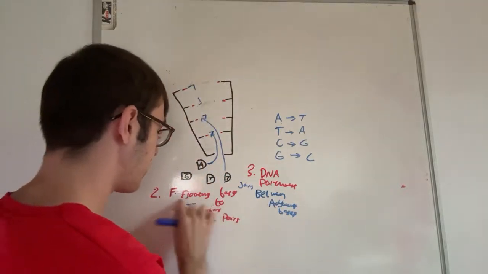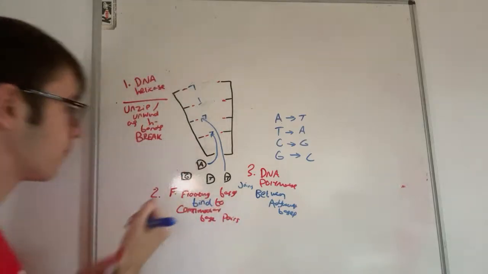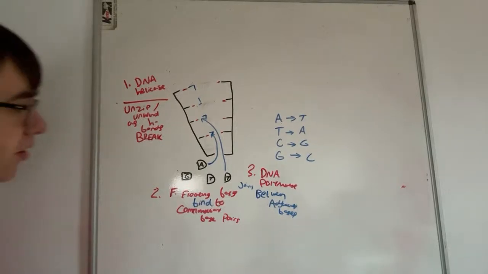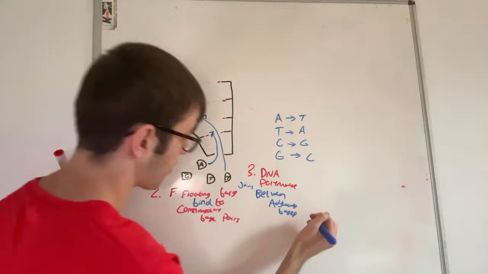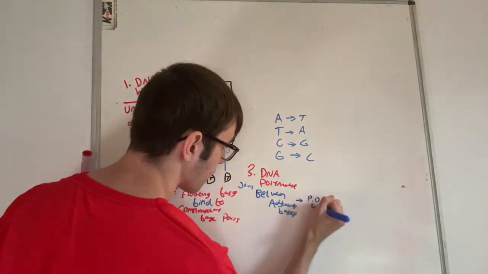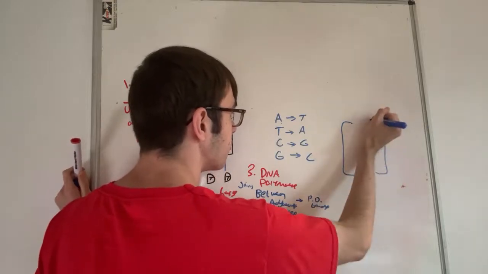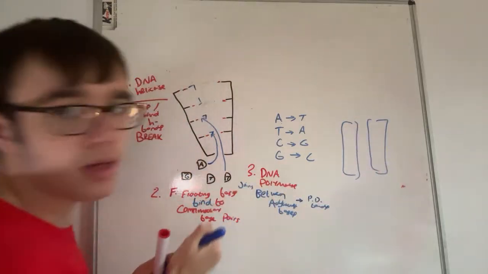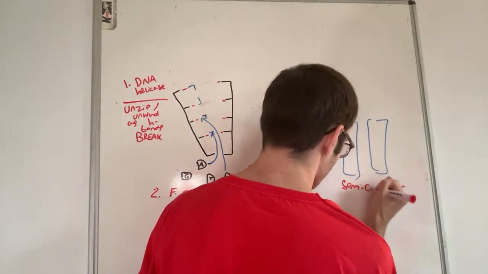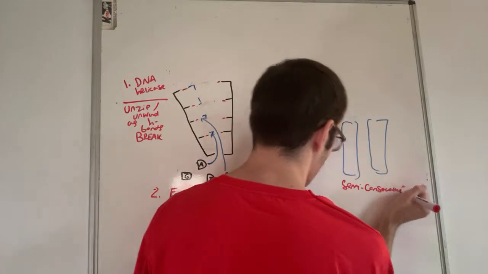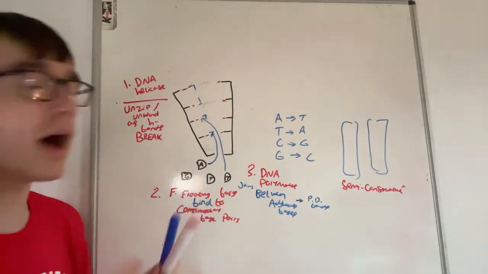Free-floating bases bind to complementary base pairs could be right. I'll leave it in for now. DNA polymerase catalyzes the phosphodiester bonds forming between adjacent bases. And from that, we have our 2 new strands of DNA. It's called semi-conservative, because I think the idea is that each one is half the original.